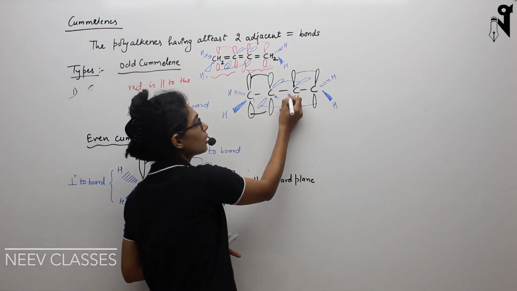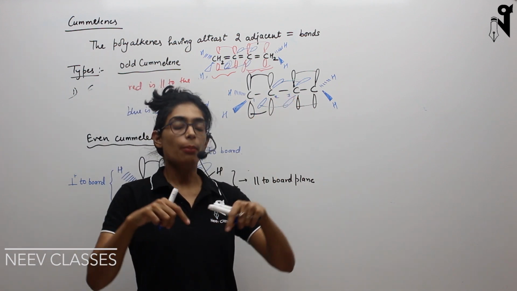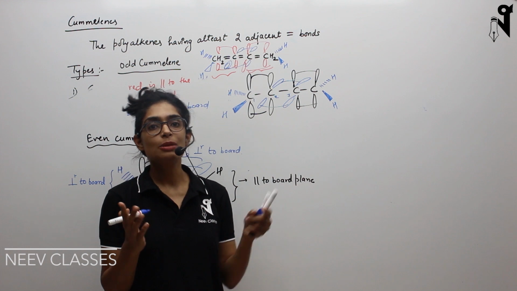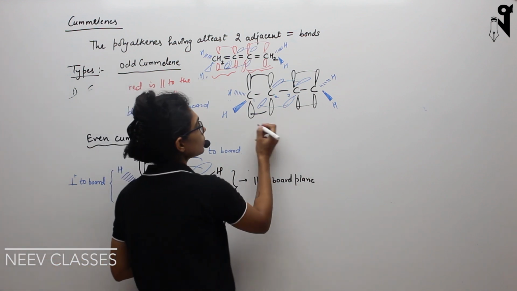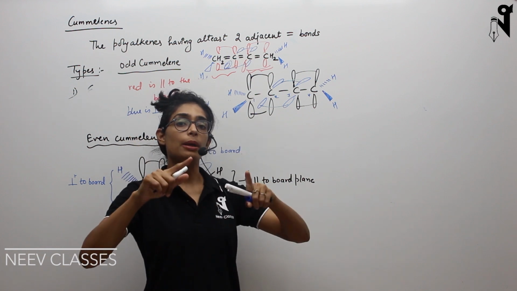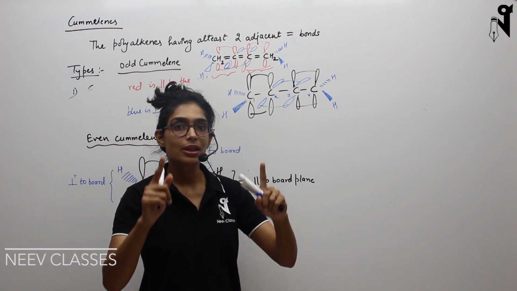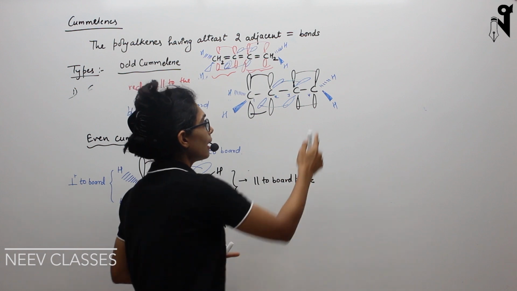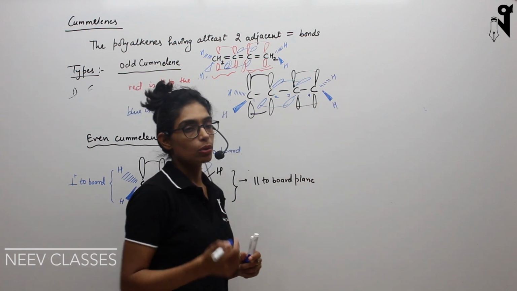Then the second and third carbons form pi bonds using p orbitals perpendicular to the plane. And the third and fourth carbons again form a pi bond with p orbitals parallel to the board, and again these two sigma bonds are perpendicular to the board.